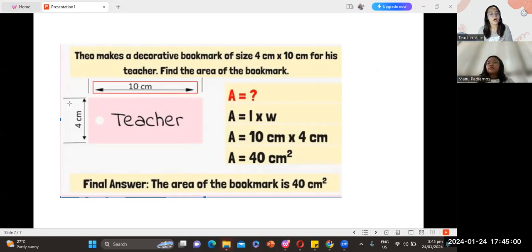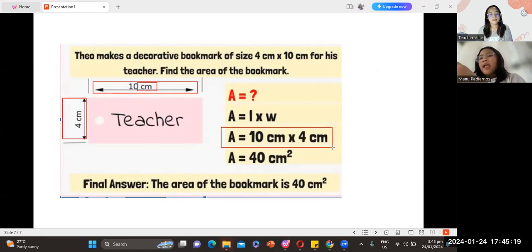And how about the width? 4. So you're just going to multiply them, but please do not forget about the centimeter, or the cm. So it will become 10 cm times 4 cm is equals to 40 cm squared.